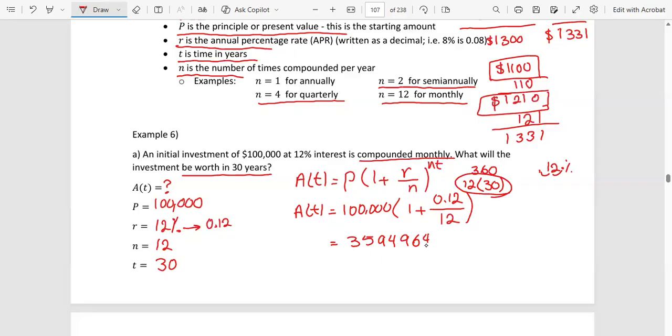If I just keep it as a whole number, not a decimal, that means the amount of money in the account will be $3,594,964. So that $100,000 with 12% interest, which is a high interest, after 30 years, is worth more than $3 million.